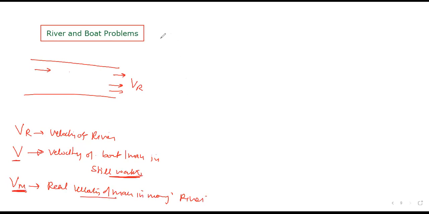First we talk about the simple case. Suppose he is swimming along or opposite to the river. If your boat or man is swimming in the direction of the river, this is also called downstream.